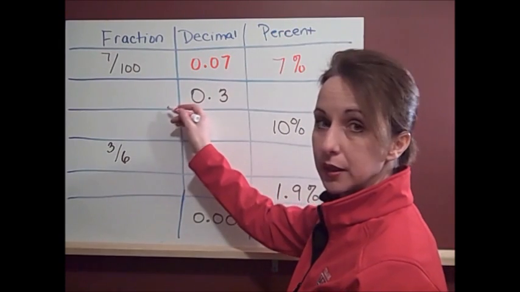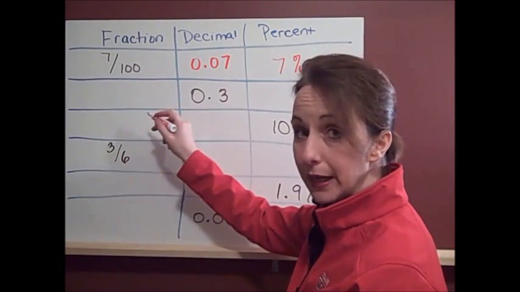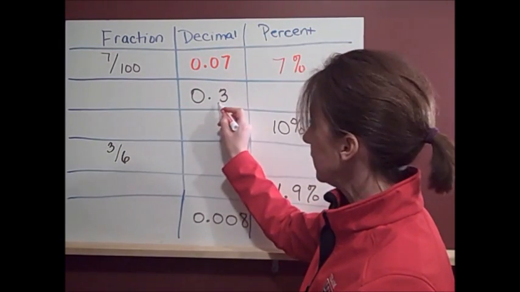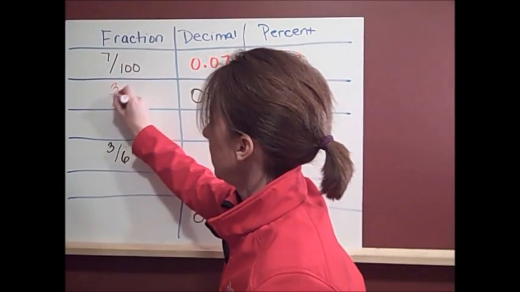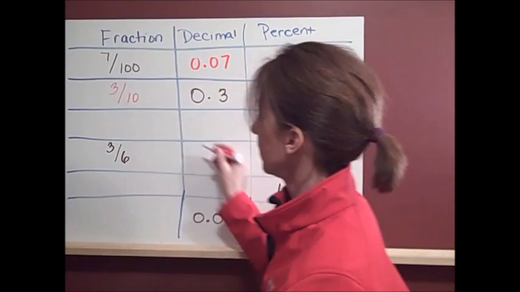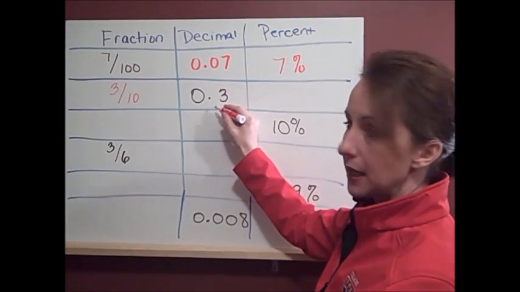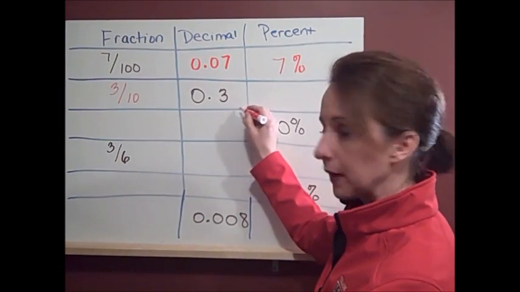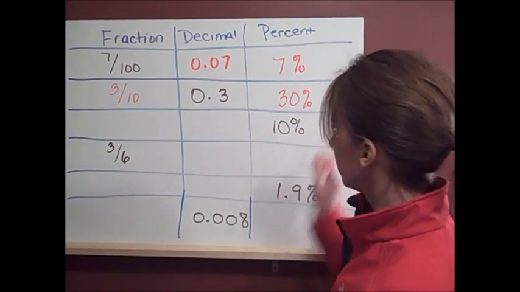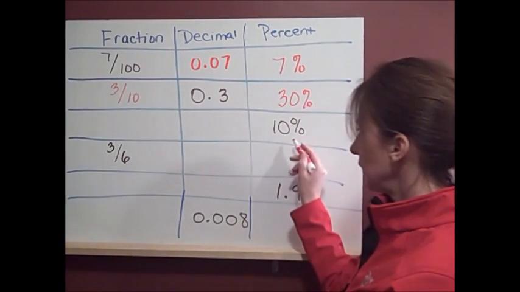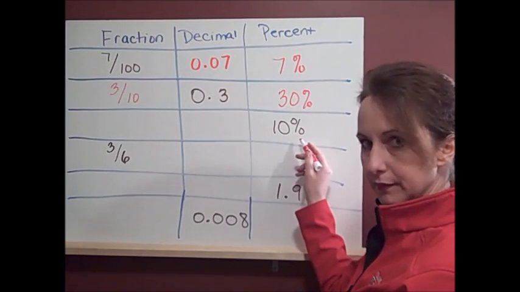Decimal to fraction, read it, write it, simplify it. 3 tenths. Decimal to percent, to the right, to the right. 30%. 10%.